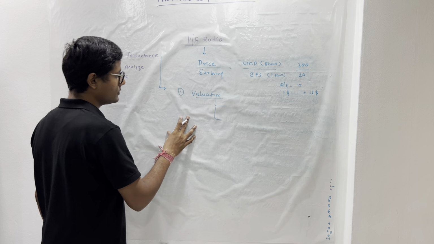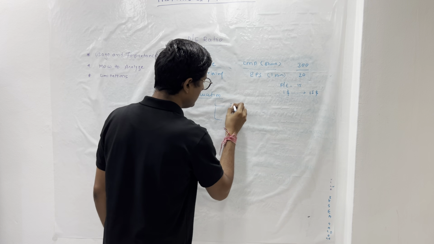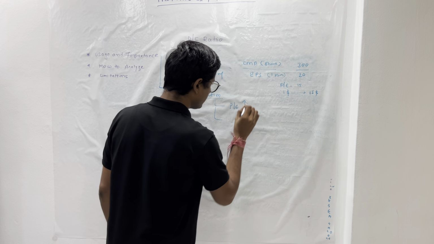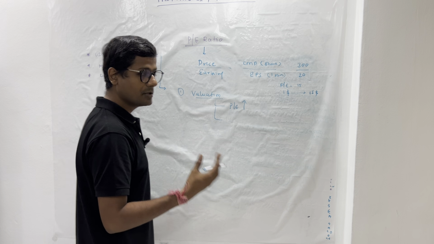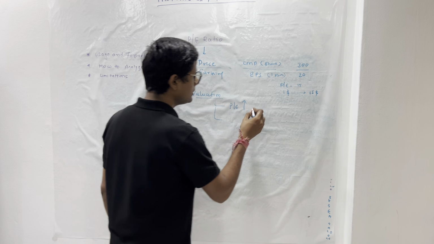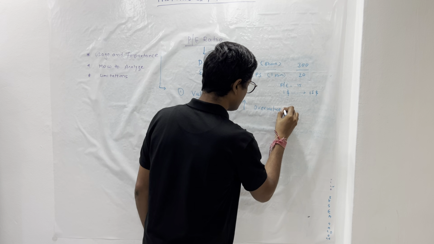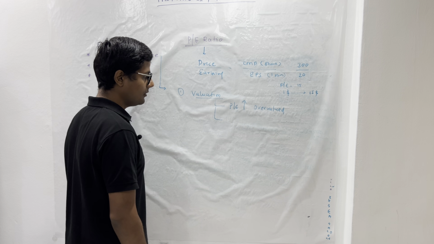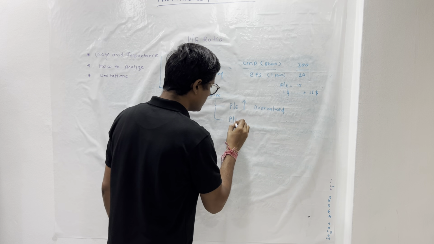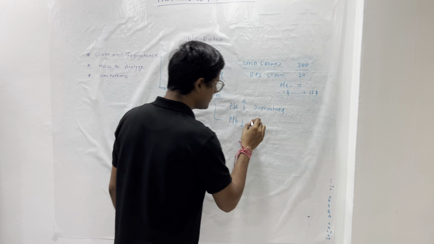What we understood is that if the PE ratio is higher than the industry average, it means the stock is overvalued. If the PE ratio is lower, that means the stock is undervalued.